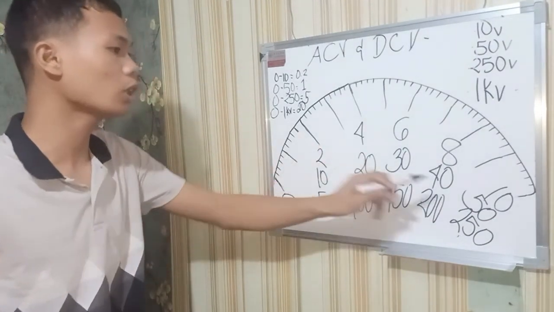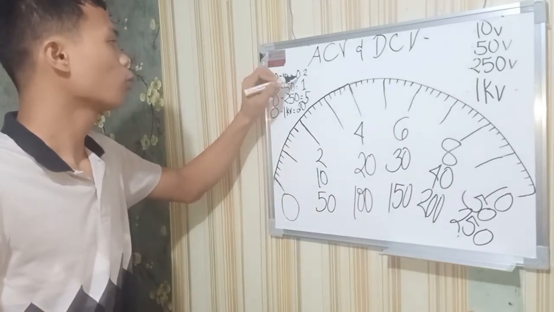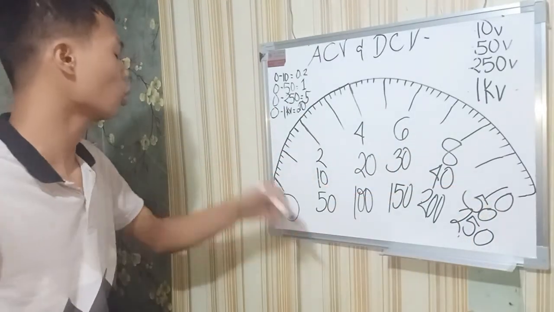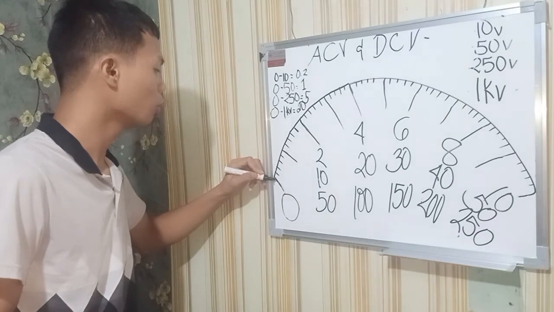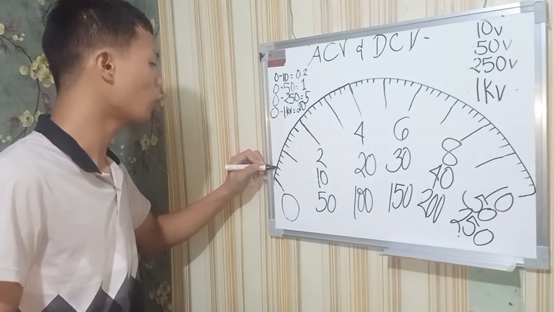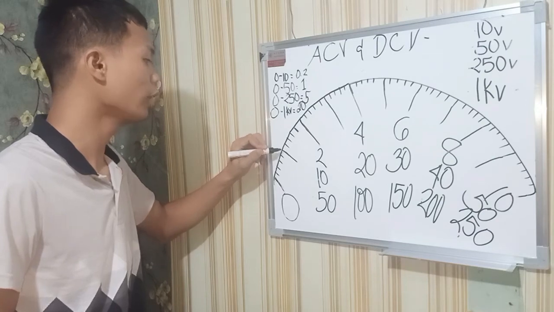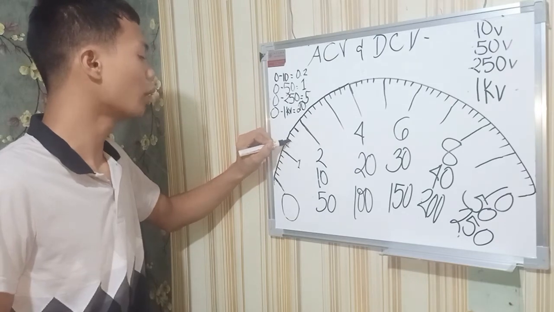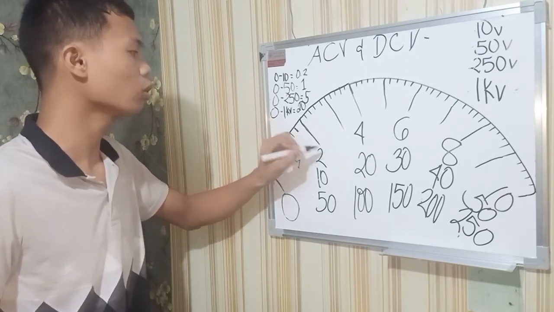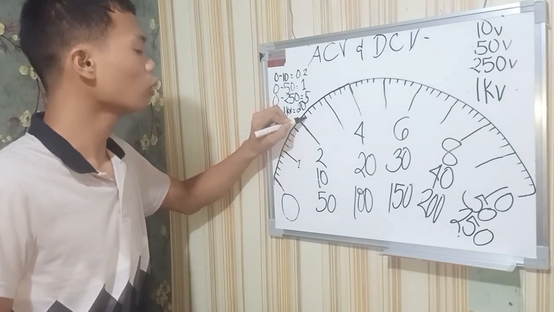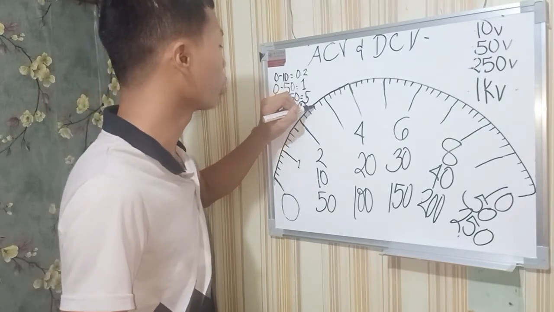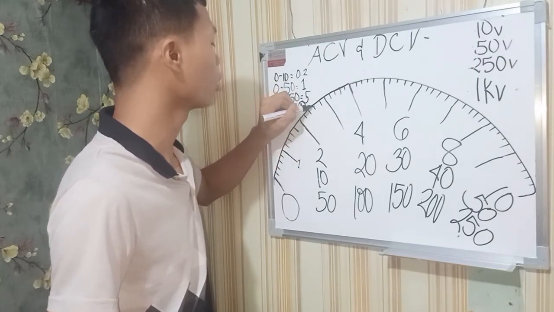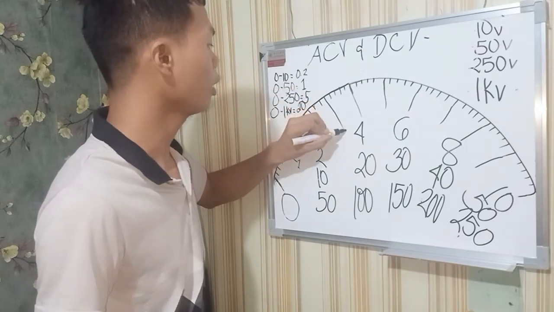From 0 to 10, each graduation is 0.2. We will count it: 0.2, 0.4, 0.6, 0.8, then 1. Then 1.2, 1.4, 1.6, 1.8, then 2. Then 2.2, 2.4, 2.6, 2.8, then 3.